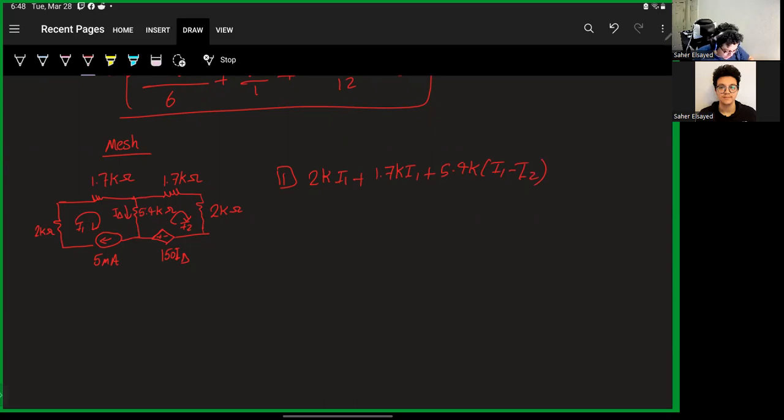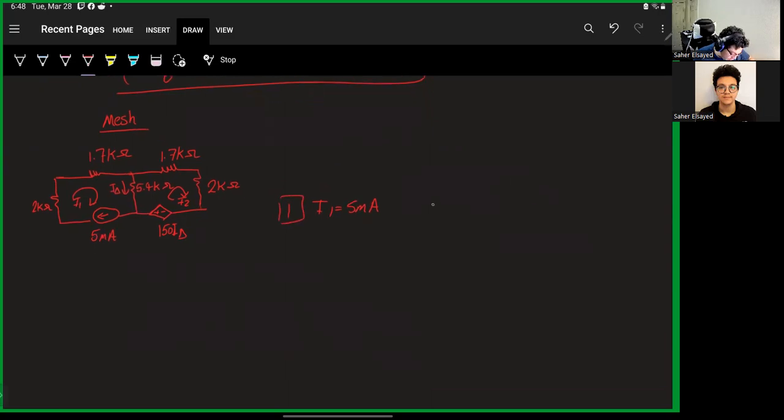Oh, wait. I didn't even need to do this. I could have looked and said I1 is 5 milliamps. That's why I put the notice stuff first. Instead of just jumping into it, let's do the notice stuff. What do we notice? We notice that I1 is 5 milliamps. We notice as well that I1 minus I2 is I delta.